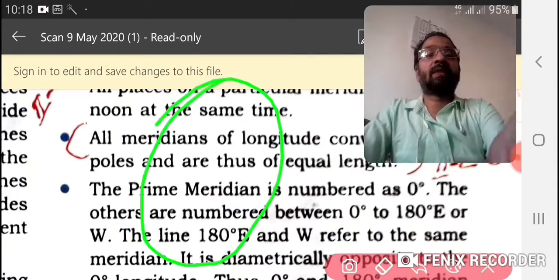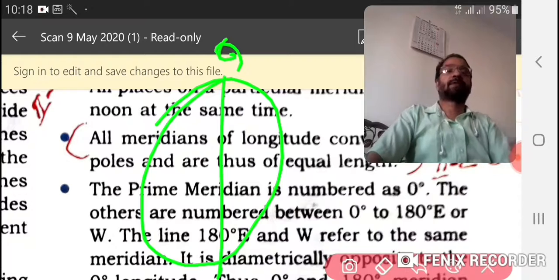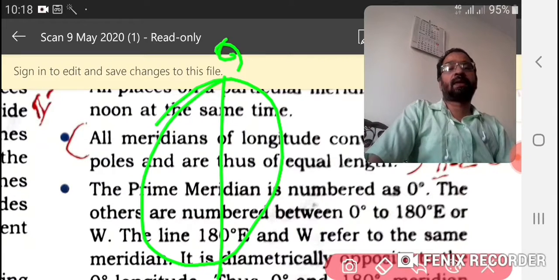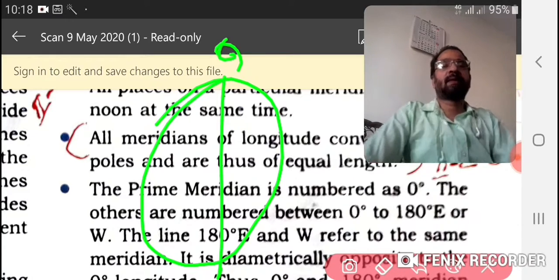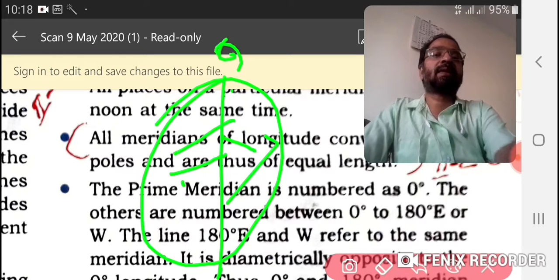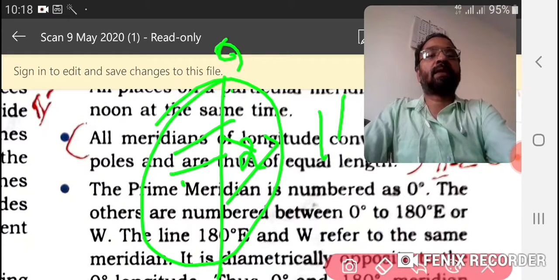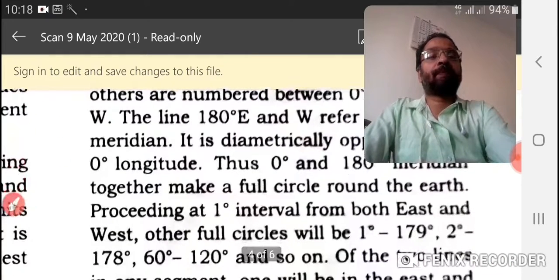The prime meridian we number as 0 degree, and the others go from 0 to 180 degree east, or 0 to 180 degree west, as we move away from it.